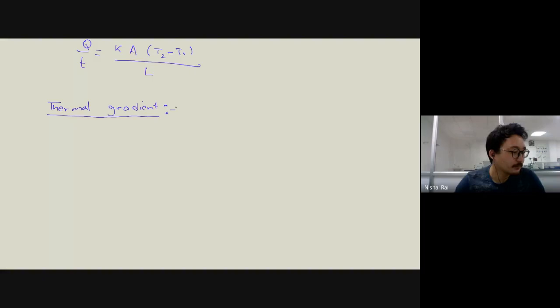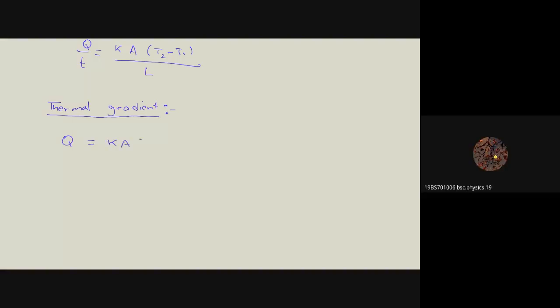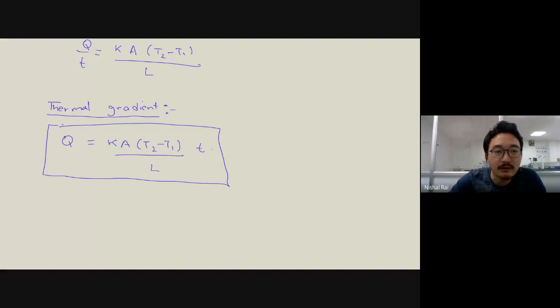If you look at the relation of Q, how does it change with respect to T2 minus T1? With respect to time, the rate of change is your current, and the rate of change with respect to temperature is basically a thermal gradient.